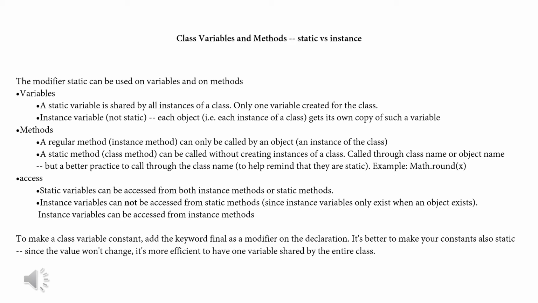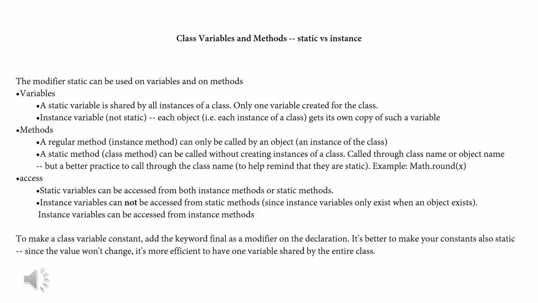Okay, so when you are going to create a class and then create objects, some samples from that class, there is a very important point that you need to keep in mind about variables and about methods.